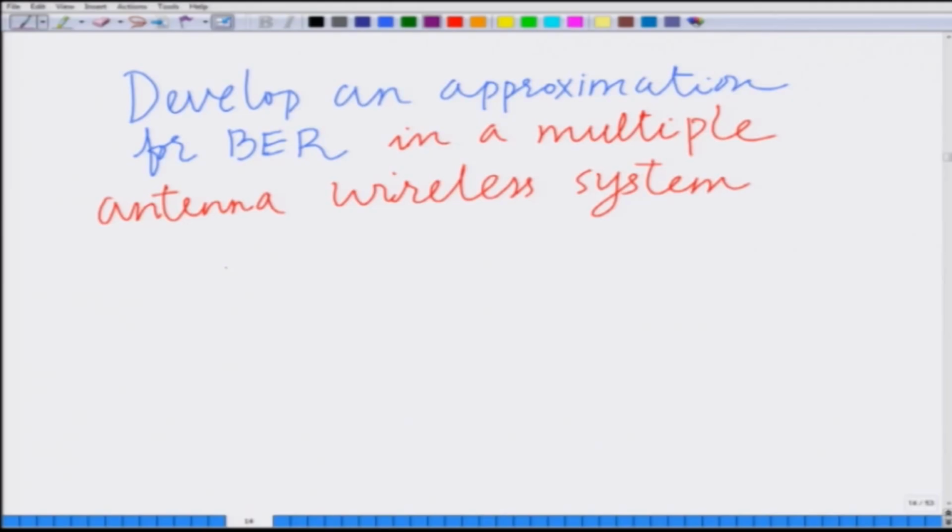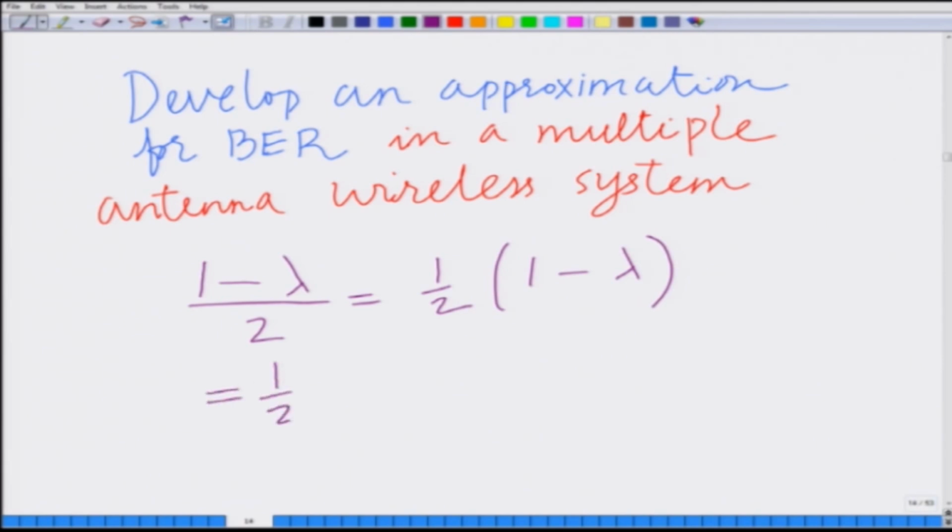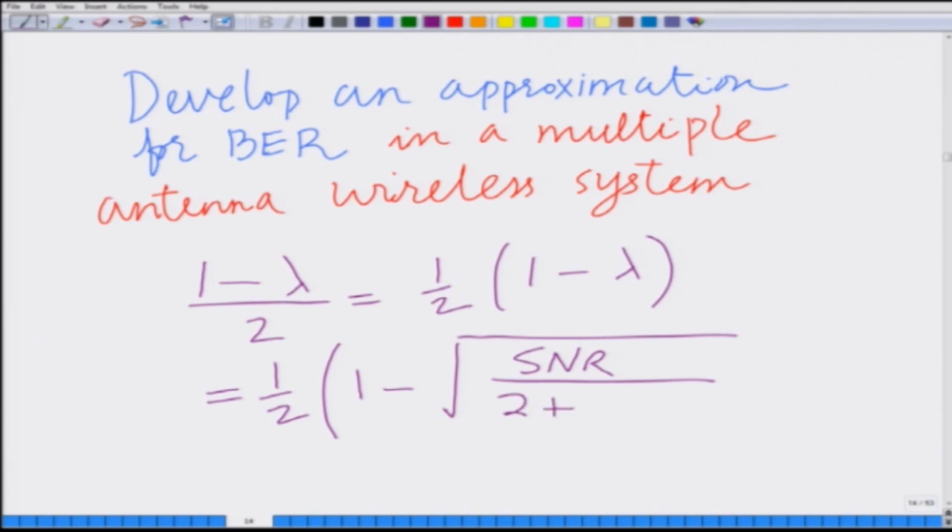I am going to start with the quantity 1 minus lambda by 2, which is equal to half of 1 minus lambda. I am now going to substitute for lambda: half times 1 minus the square root of SNR divided by 2 plus SNR.